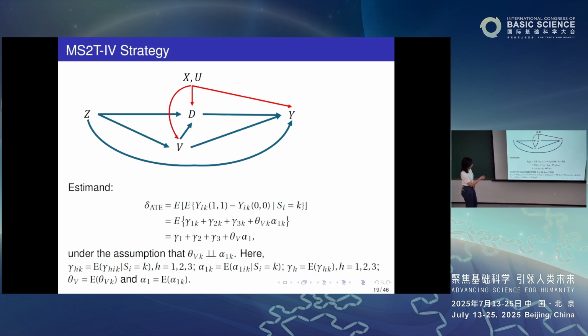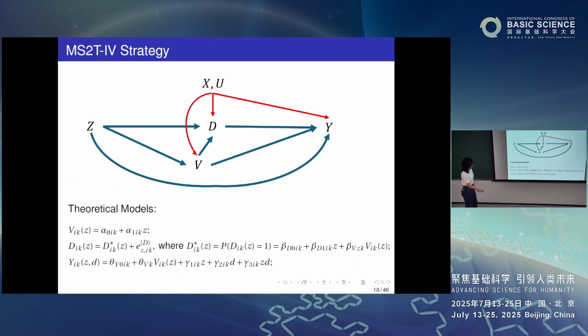What are they? Alphas are parameters in the V model. Betas are parameters for the D model. And gammas are parameters for the Y model. And also theta V, they are parameters for the Y model.